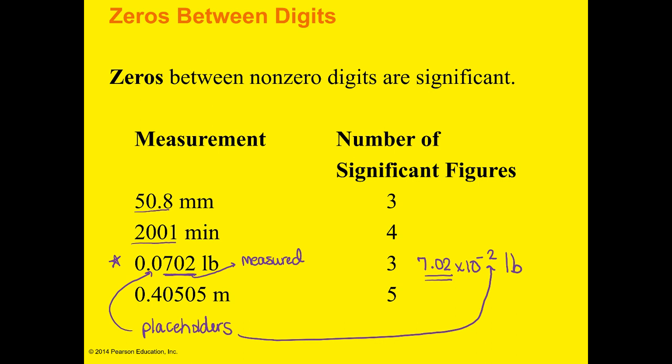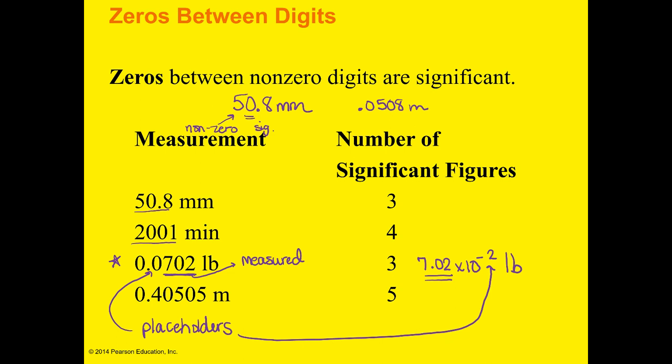Okay, so let me put that into perspective. If I have 50.8 millimeters, this zero has a non-zero digit in front, so that makes it significant. Now, if I convert this to meters, that's going to be 0.0508 meters.